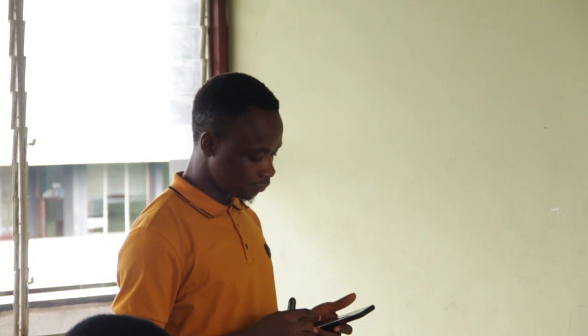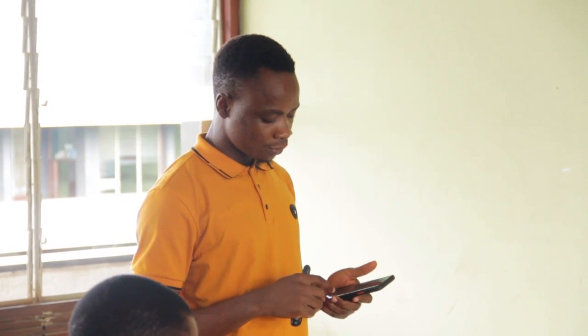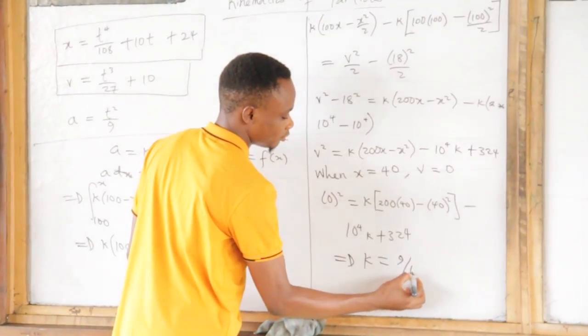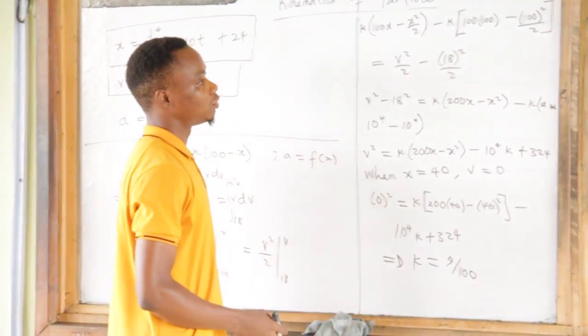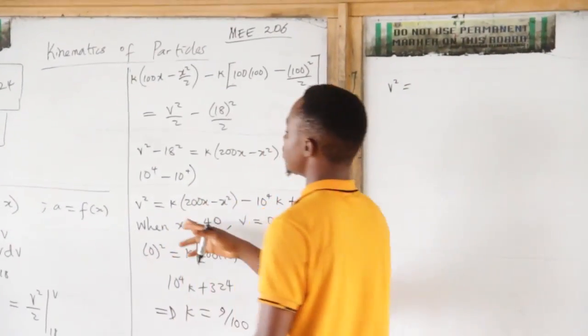Yeah, what did you get? Nine over 100. Okay, 9 over 100. That means you are good to go. So we can now write v squared equals, pay attention now.